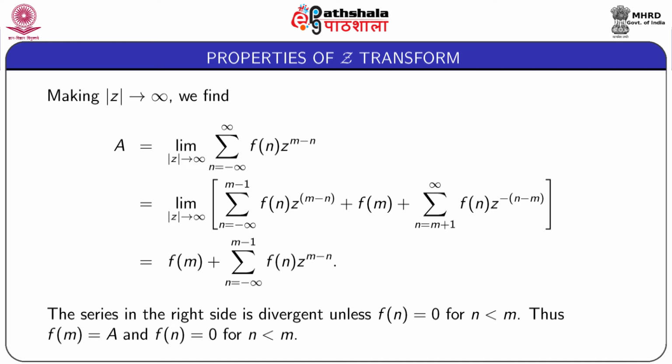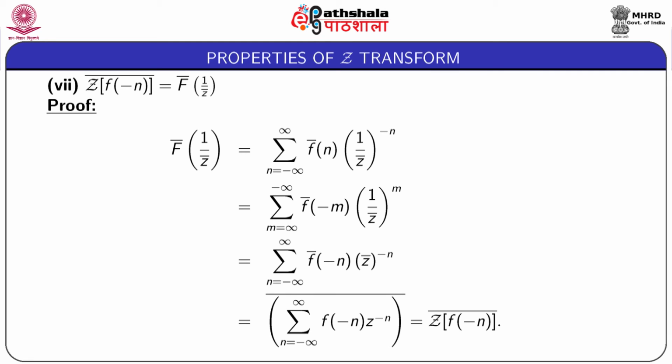Now, the series on the right hand side diverges unless f(n) equal to 0 for n less than m. Thus, we get f(m) equal to A and f(n) equal to 0 for n less than m. So, we prove the second part of initial and final value theorem.